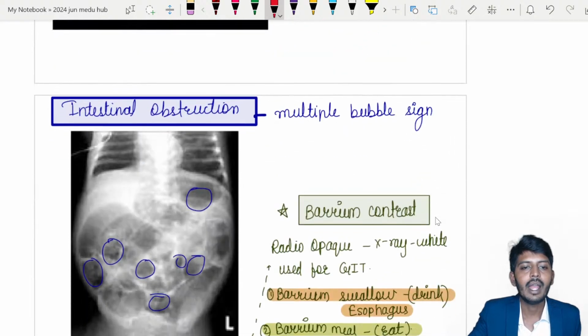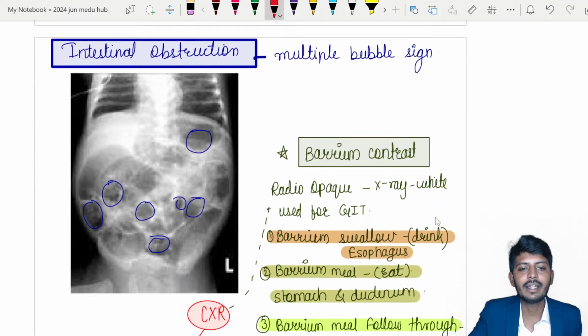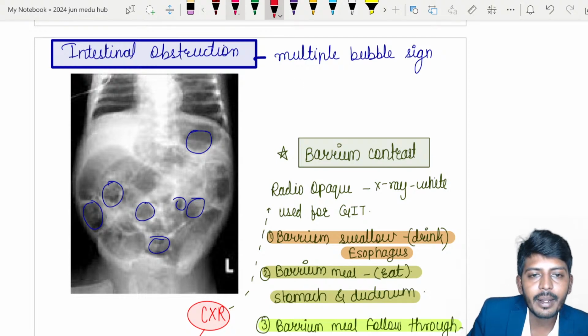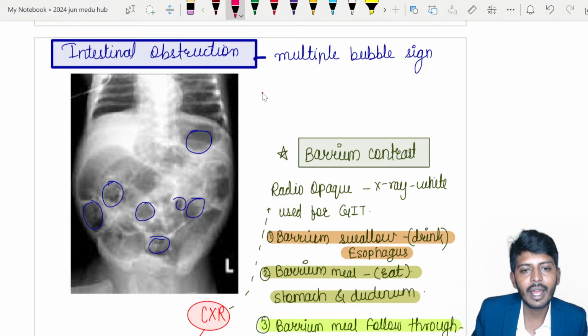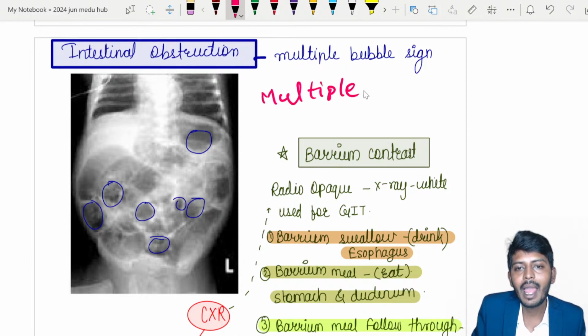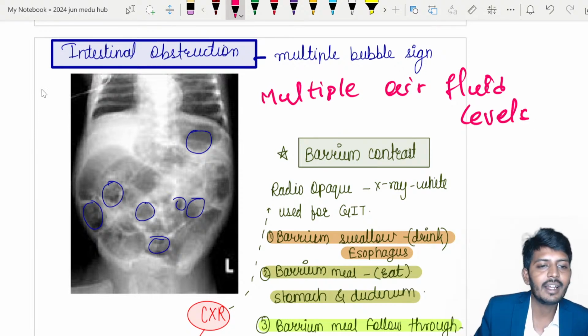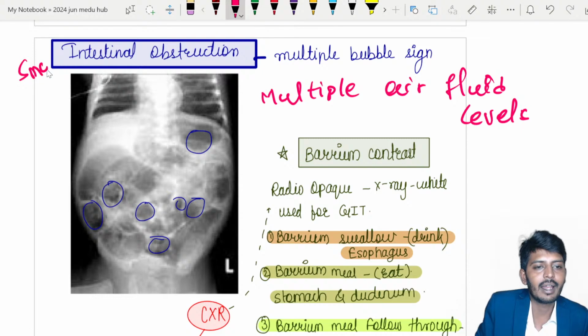If there is an intestinal obstruction, we will have a multiple bubble sign, but a better term, remember, is multiple air fluid levels. Why does it occur? As a result of usually small intestinal obstruction.